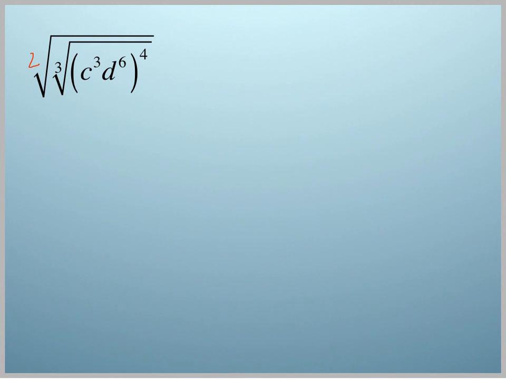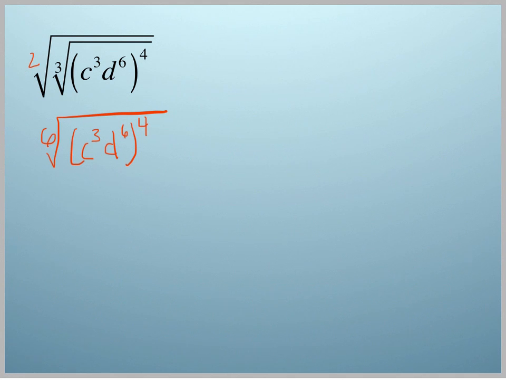So anytime I have a radical within a radical, remember you're going to take those two numbers and multiply them together. So if I rewrite this problem, 2 times 3 is 6. So I get the 6th root, and then nothing changes underneath. I have c cubed d to the 6 raised to the 4th power.